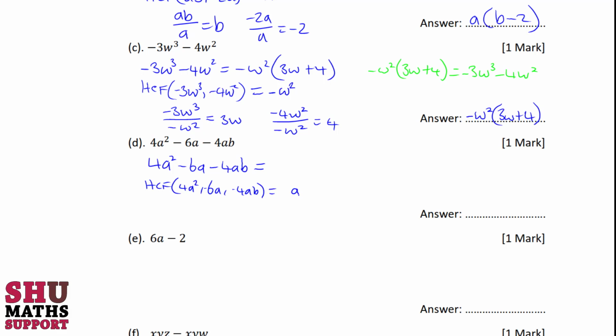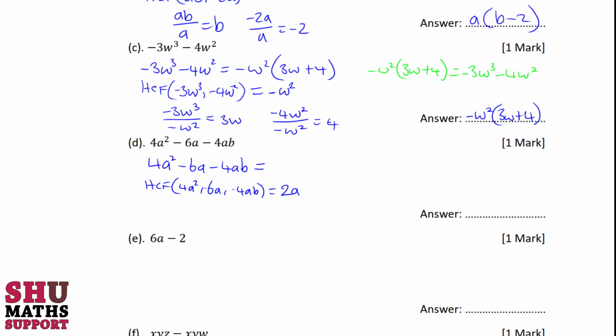And then let's see if there's a highest common factor between the 4, the minus 6 and the minus 4. So the 4 and minus 4 are multiples of 4, but minus 6 isn't. So the highest common factor must be 2, because 4 and minus 4 are multiples of 2, and so is minus 6. So we're going to have 2a.